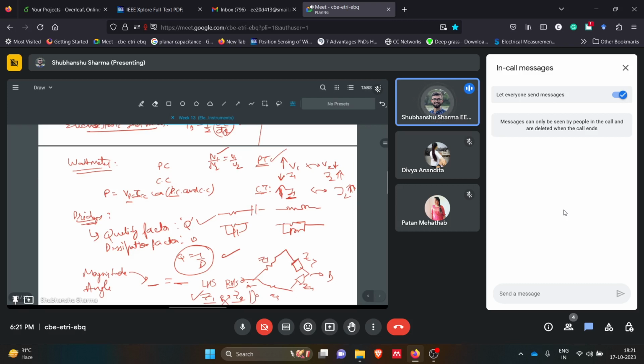But if it is a comparator, the simple thing to keep in mind is that if the non-inverting terminal voltage is higher than the inverting terminal voltage of the op amp, then you will get positive saturation, and vice versa. That is the concept of a comparator. In the case of positive feedback, the same concept applies, it acts as a comparator, but we have upper and lower threshold limits.